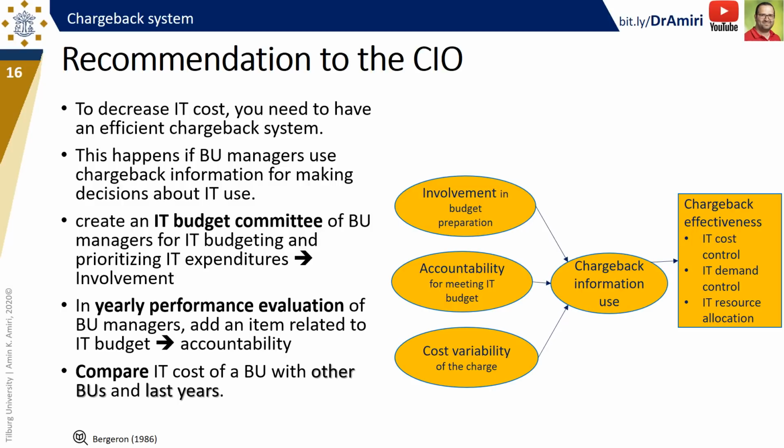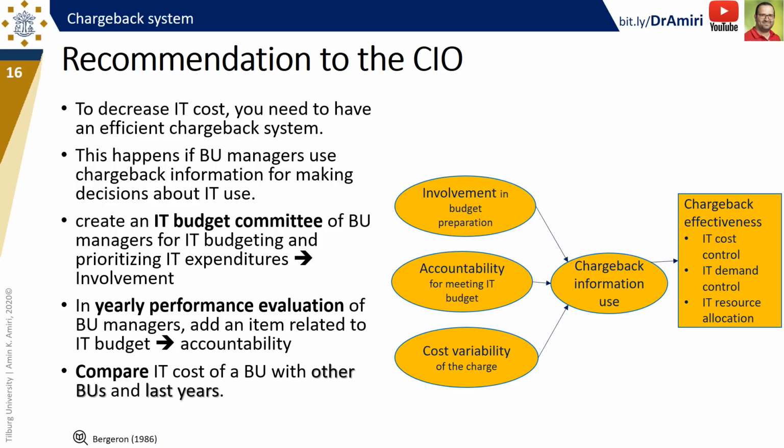To increase involvement, I would create an IT budget committee that includes all business unit managers, and then I will show them the IT budget that we have for the next year, and I would ask them to prioritize the IT expenditures. So involvement in the budgeting will help them to use the information from the chargeback system.